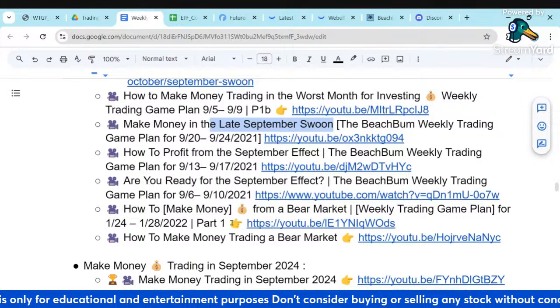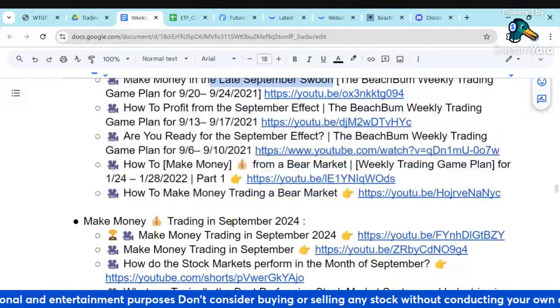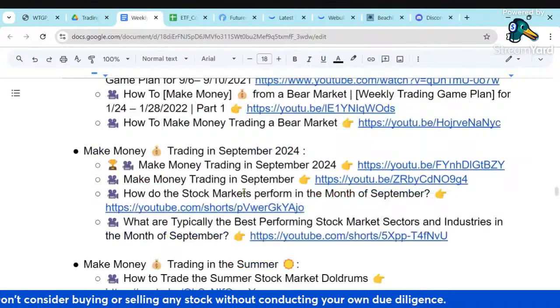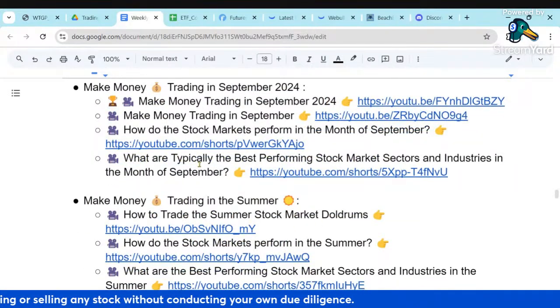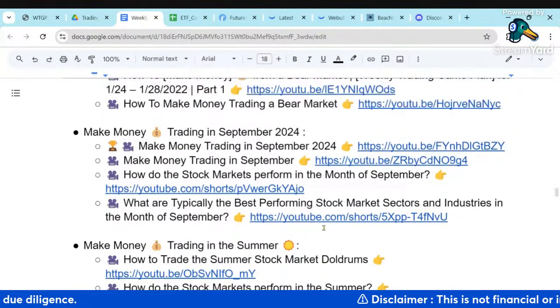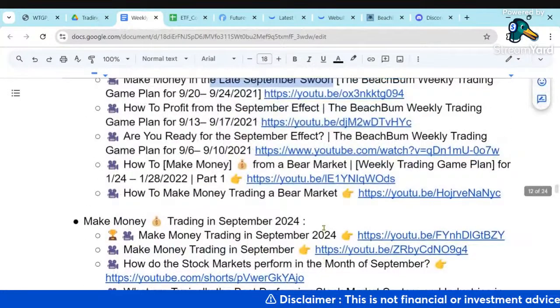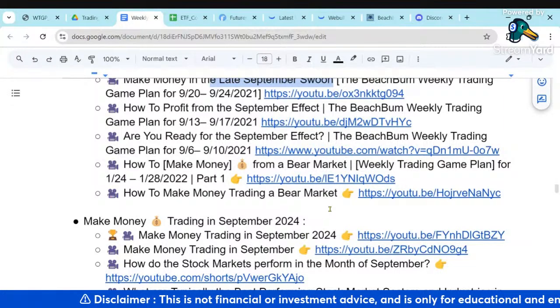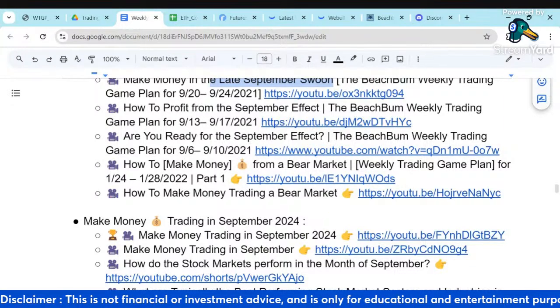When we get into October, we'll talk about the October effect. As we saw in our topics on trading in September through the summer into the fall, we might see a little bit of a rebound into October. Then we'll pivot and flip our approach going into the end of the year.